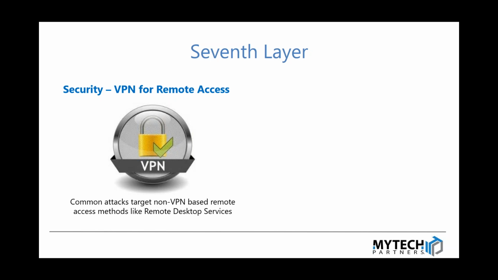VPN stands for Virtual Private Network, and what it actually does is create a secure encrypted tunnel from wherever you're at in the world, or in the US, in a coffee shop or at home. You can create an encrypted tunnel for your data to go back and forth into that network. So what that allows is all of that data is protected, including the login that you use to first initiate that.